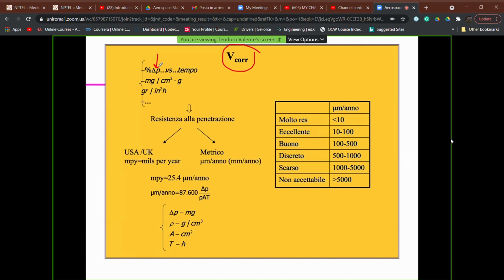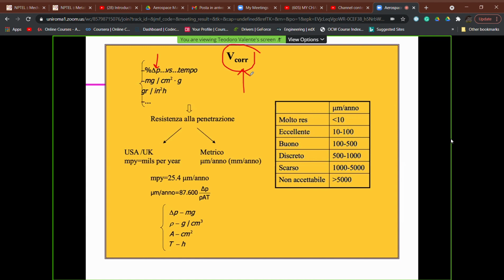If we look only at the weight variation, that's not a good approach, because first of all, we need to know for how long that variation has been manifested.